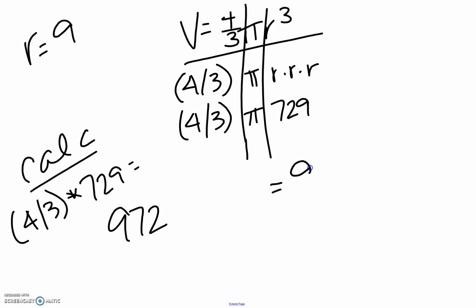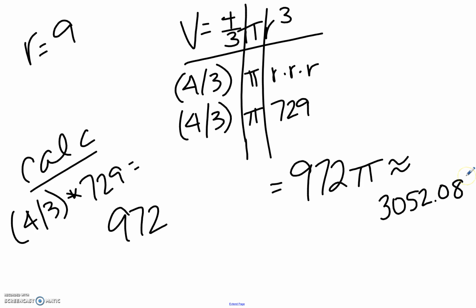So our answer is 972 pi. But if we were going to multiply that by pi, it's going to be about 3052.08. It'll be a little bit more because I'm using my phone calculator instead of my graphing calculator. So press pause until you have that copied down, and then we will do some more practice.